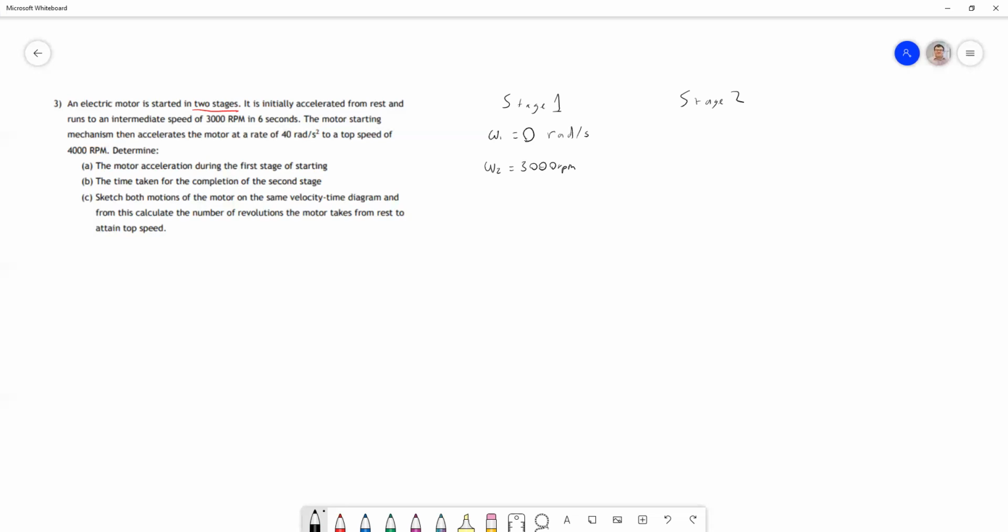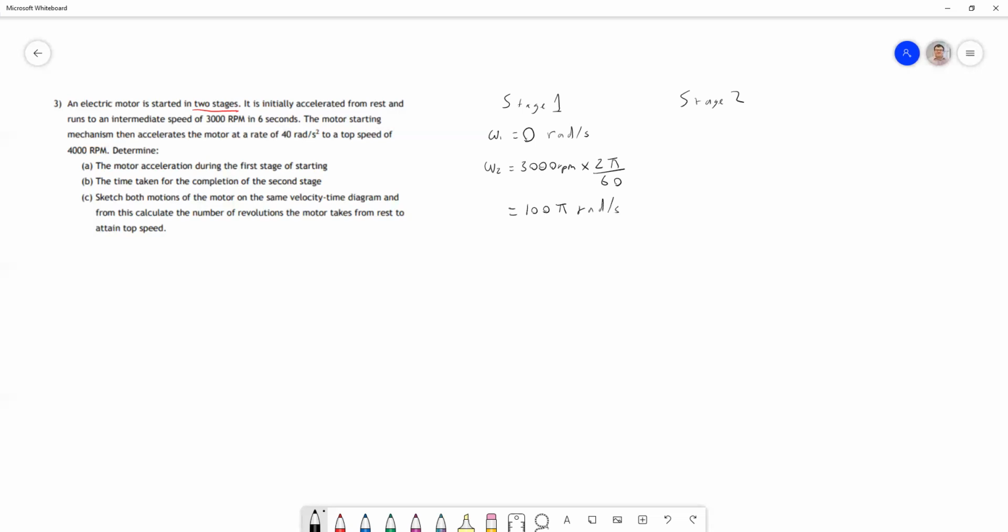We've got a formula for doing that on page 6 of the course notes, but we can also recognise that times 2 pi divided by 60 is what's required to convert from RPM into radians per second. If we do this calculation, we see that this is the same thing as 100 times pi. There's nothing wrong with writing down 314.12 and whatever else comes after that, but leaving it as 100 times pi means this is an exact value for our calculation. This is 100 pi radians per second.